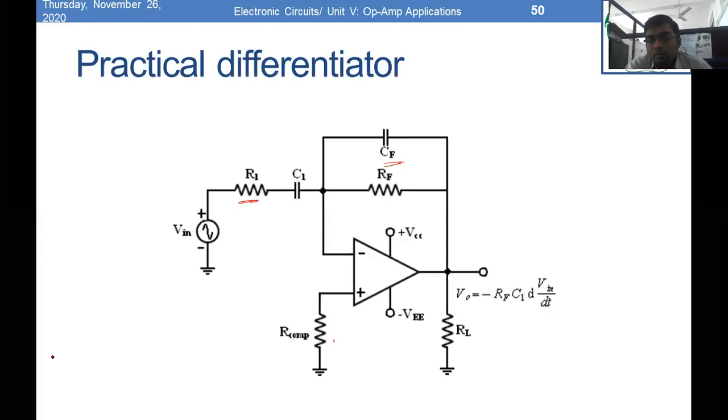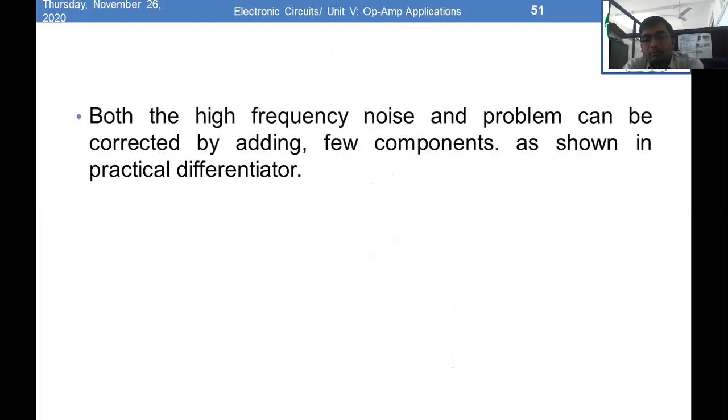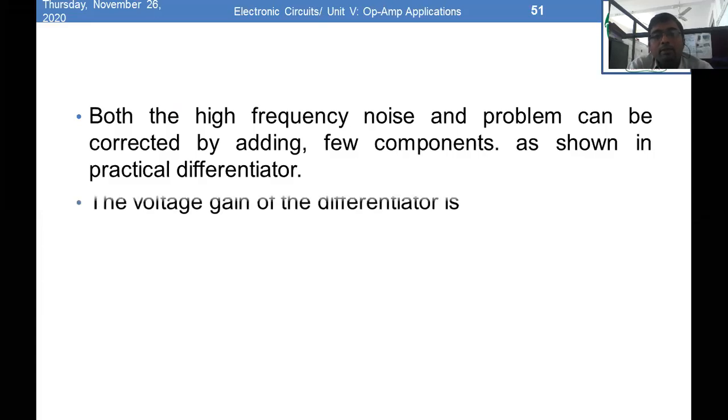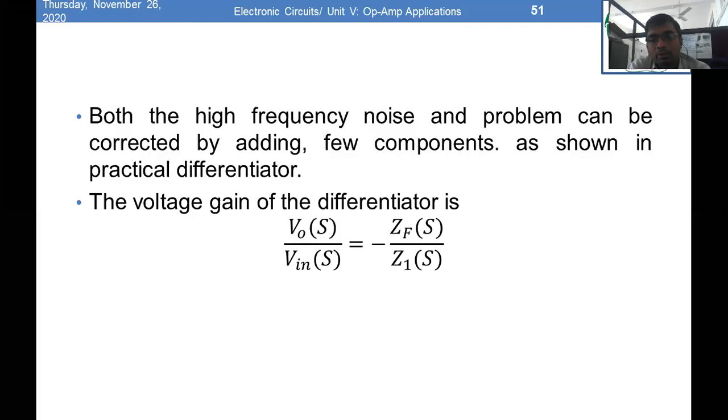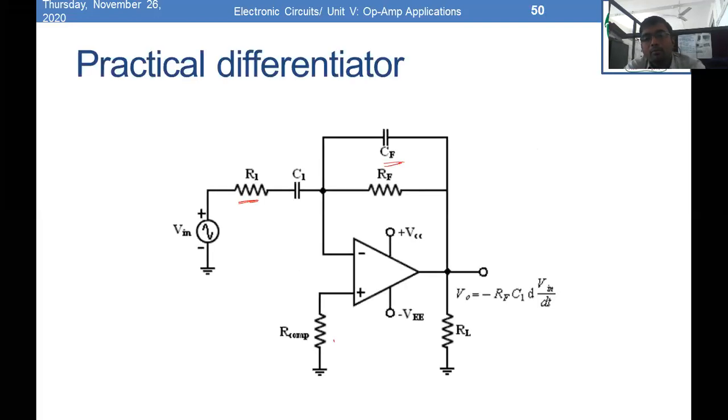Okay. Now, both the high frequency noise and instability problems can be corrected by adding these components that we have shown in the diagram. Okay. So what happens at high frequency?